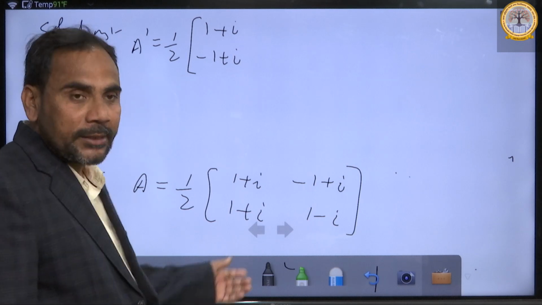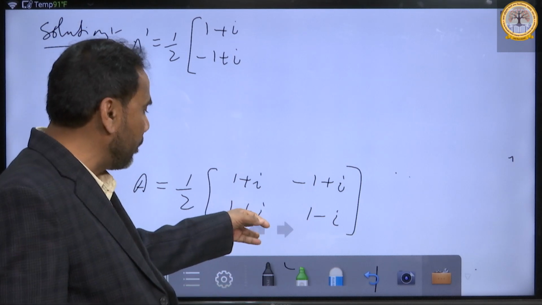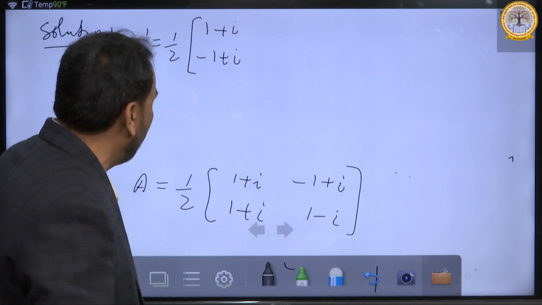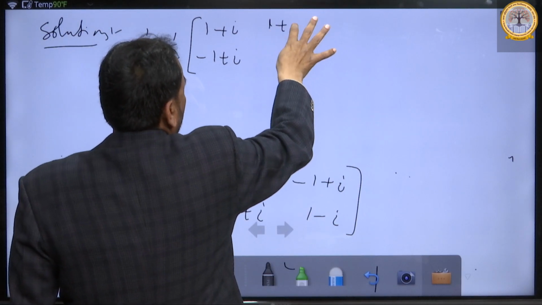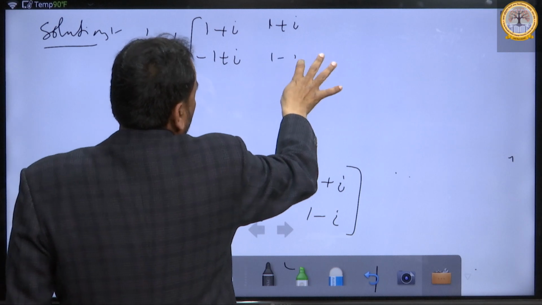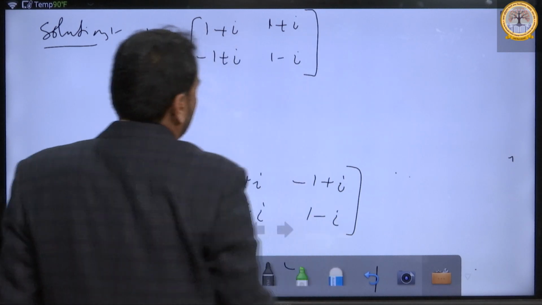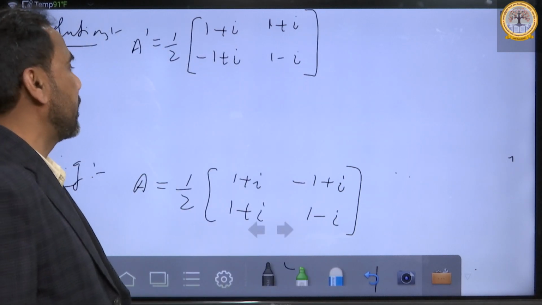Matrix A has second row 1 plus i, 1 minus i, and we write it as the second column 1 plus i and 1 minus i. This is the transpose of the matrix.